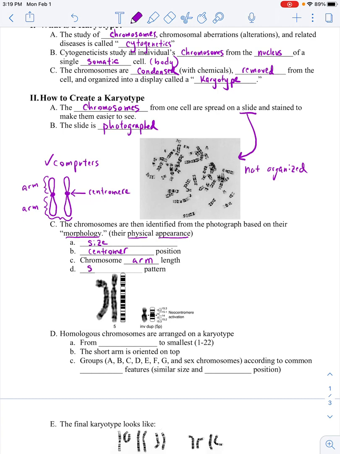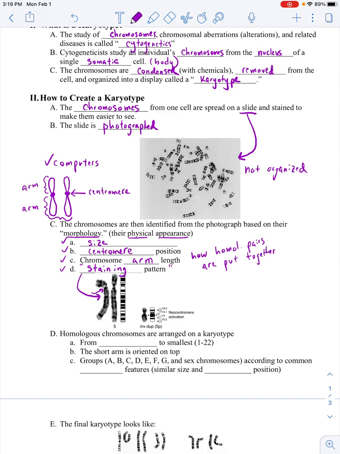So they do have to be stained. And when they are, they have dark and light regions, and that creates what's called a staining pattern. And so homologous chromosomes are put together because their staining pattern is going to match as well. So size of the chromosome, centromere position, arm length, and staining pattern are how the homologous pairs are put together.